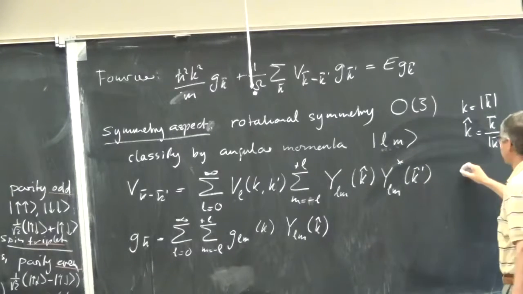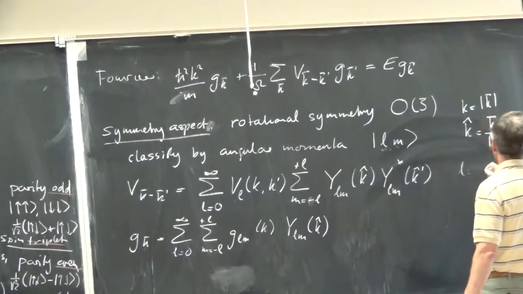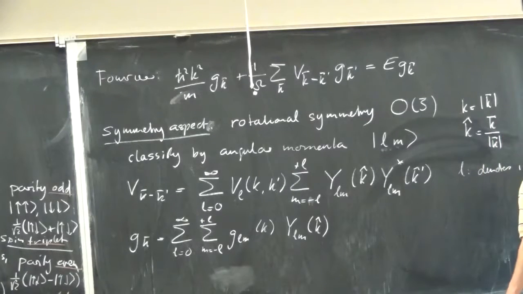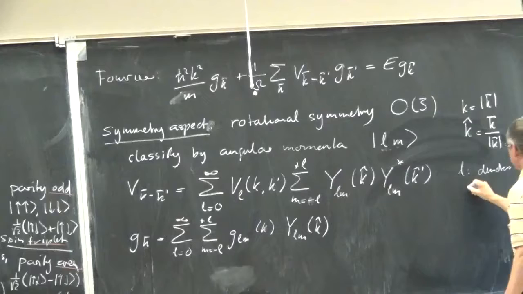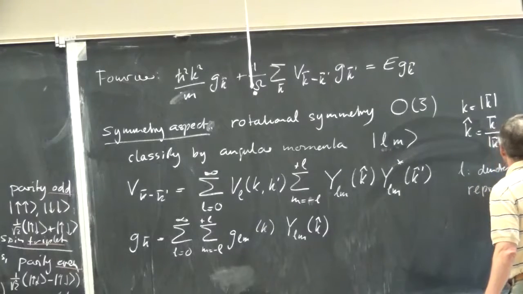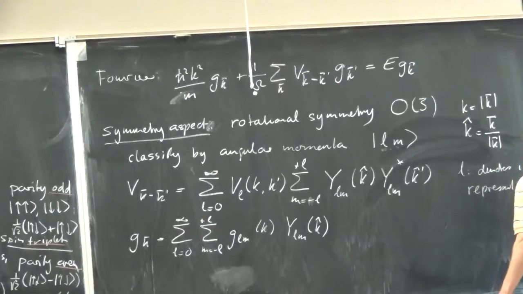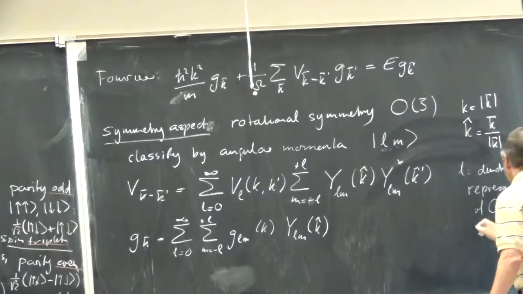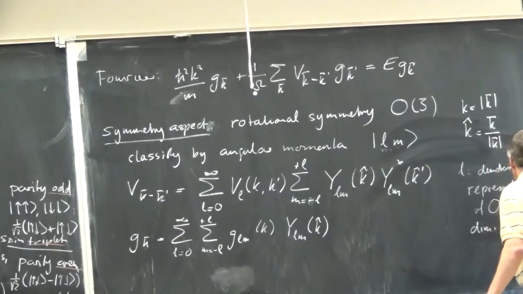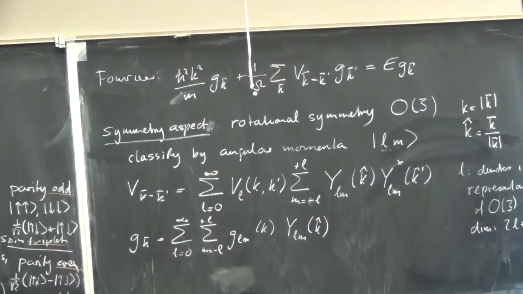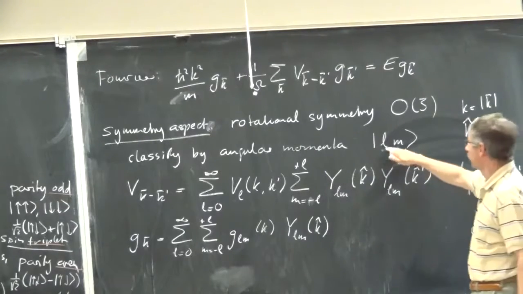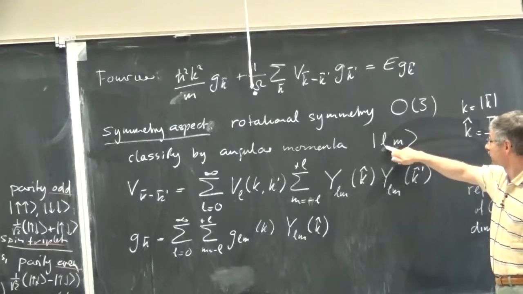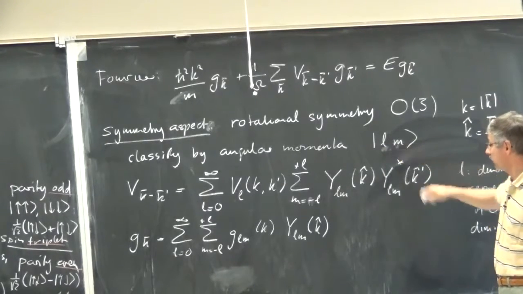L denotes an irreducible representation of O3 with dimension 2L plus 1. So if I do a rotation, I rotate by making a superposition with fixed L and different m.